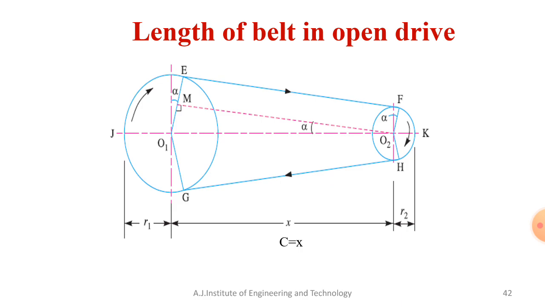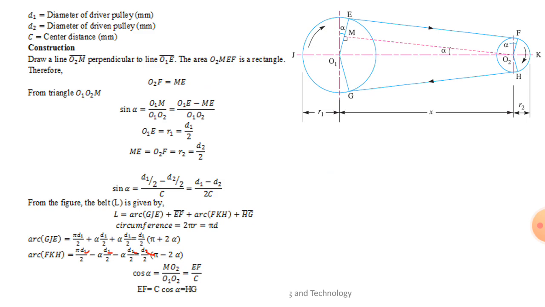Now coming to the diameter, D1 stands for the diameter of the driver pulley. Then the radius will be R1, which is half of the diameter. Similarly, D2 is the diameter of the driven pulley. The smaller pulley is nothing but the driven pulley.